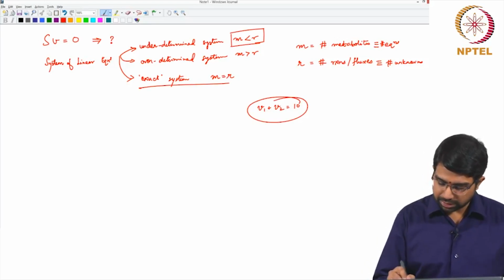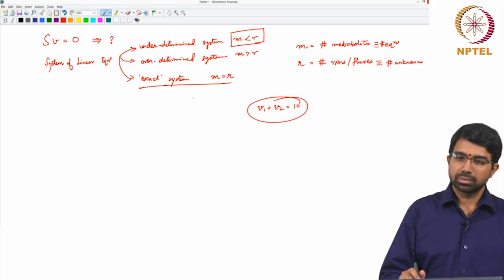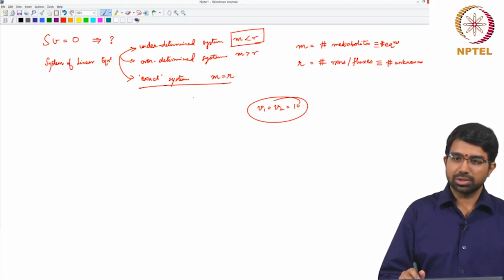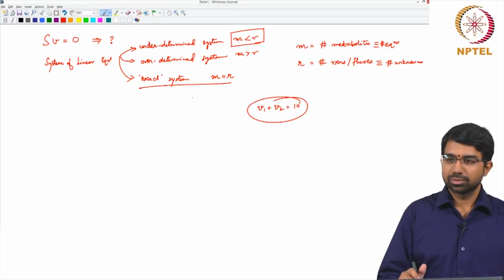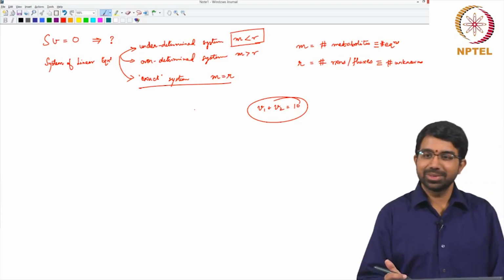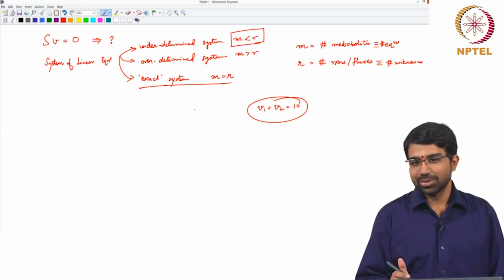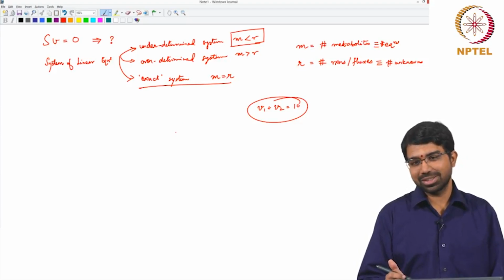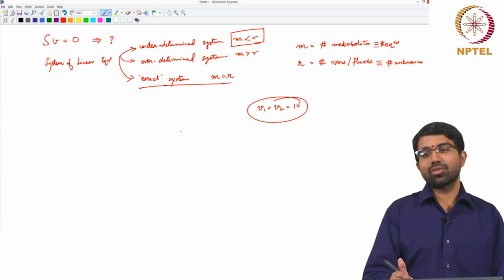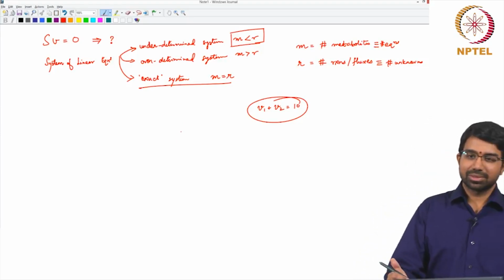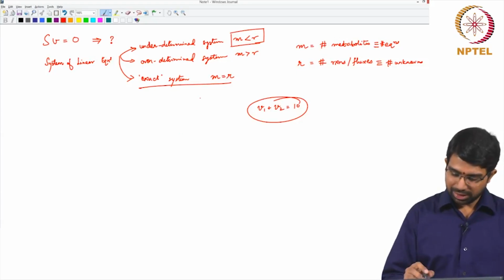What happens if you have an exact system? And what is the solution? All zeros. Okay, the right hand side is 0, right. So you know that all zeros is a solution. You know that it is therefore the solution, right.